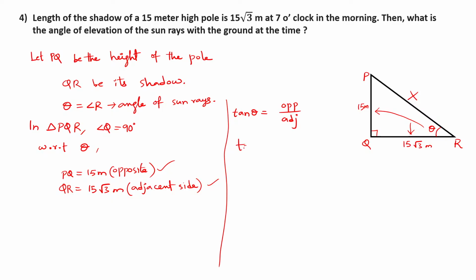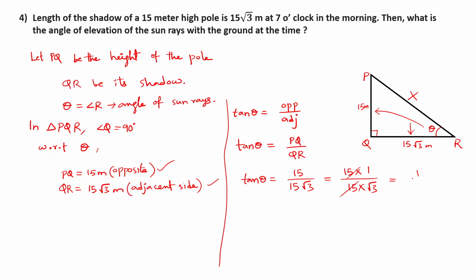Substituting the values, we don't know theta, so write it as it is. Opposite side is PQ, adjacent side is QR. Tan theta is equal to PQ is 15, QR is 15 root 3. This one I write as 15 ones are 15 and this one as 15 into root 3. Now 15 gets cancelled.